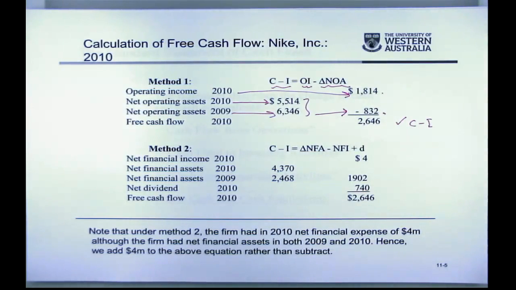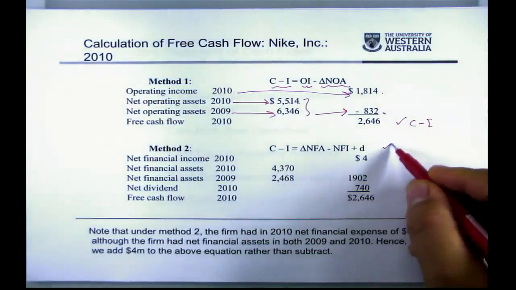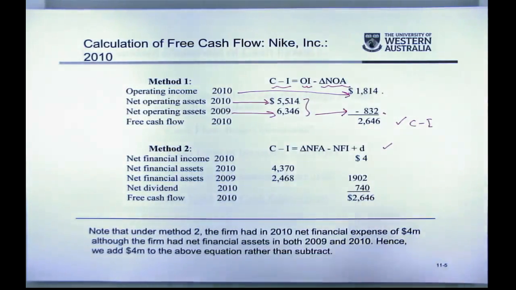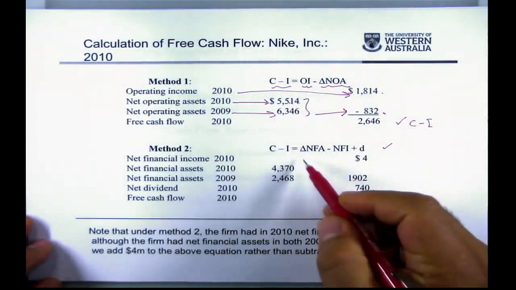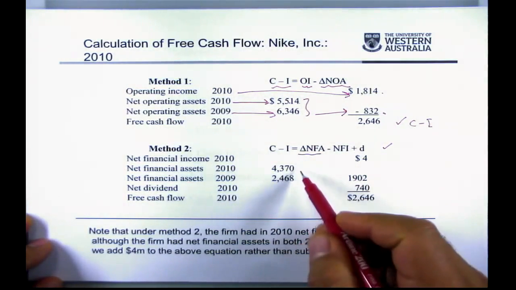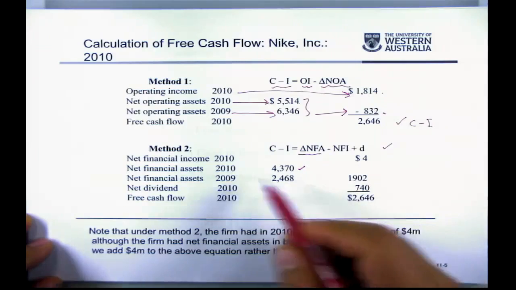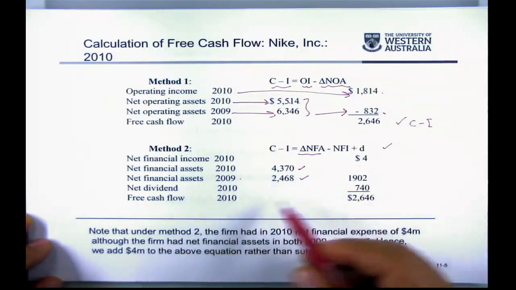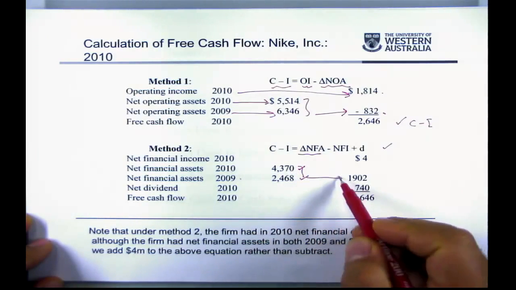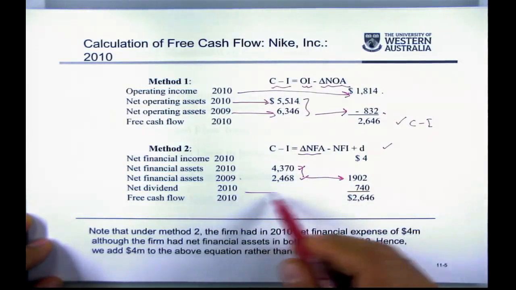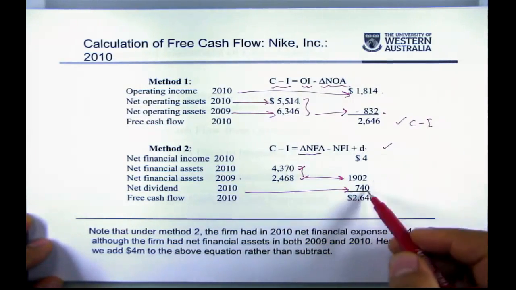We can arrive at the same number by using this equation. We take the change in net financial assets. This is the financial assets in this year, and this is the financial assets in 2009. We take the change, so this is the change, and this is the net dividend, D here.